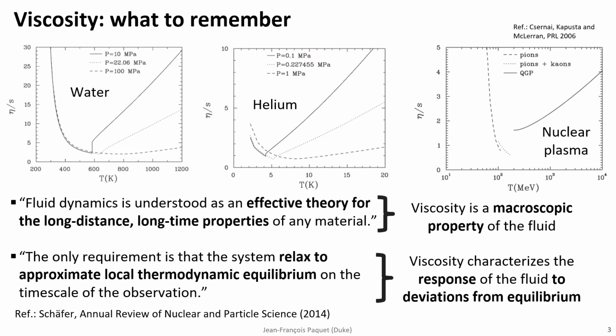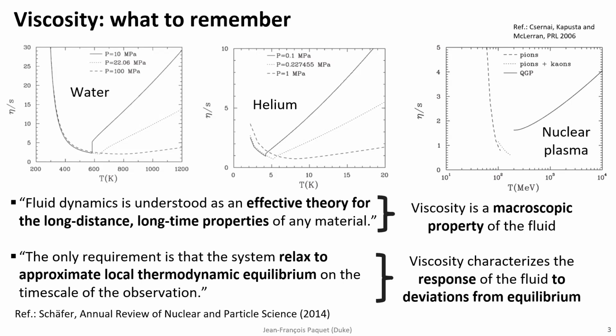And I want to emphasize this because obviously when we'll be studying heavy ion collisions and using fluid dynamics to study them, we're not saying that the entire collision can be described with hydrodynamics. We're saying that certain parts of it and certain features of the collision can be described with hydrodynamics. From this, we can study the viscosity. But of course, there will always be parts of the heavy ion collision that have nothing to do with hydrodynamics.